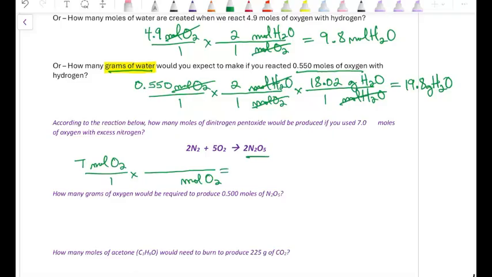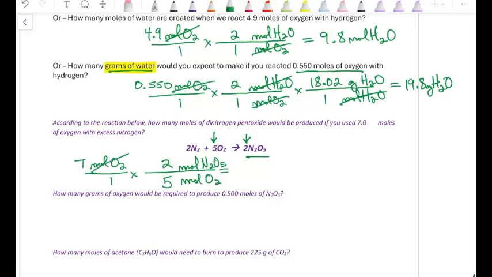Okay, hopefully you did. And you know that the next step is to go from moles of oxygen to moles of N2O5. Because we do know the relationship between those 2 things. We have 5 moles of oxygen for every 2 moles of N2O5, right?